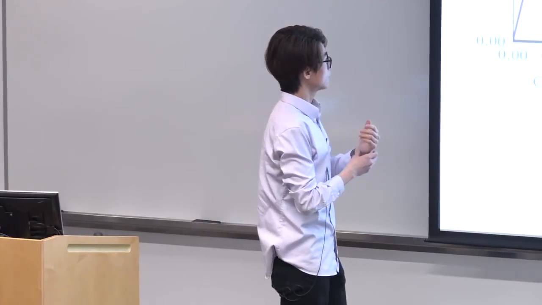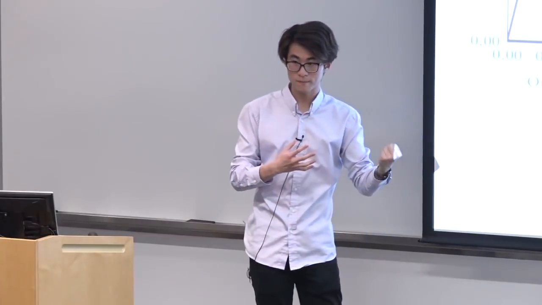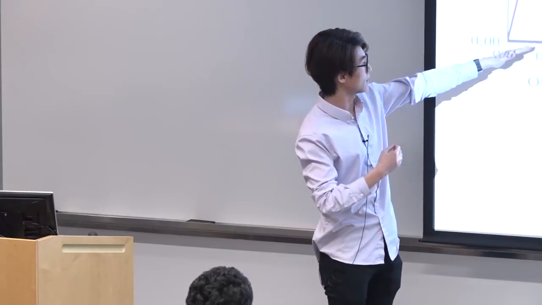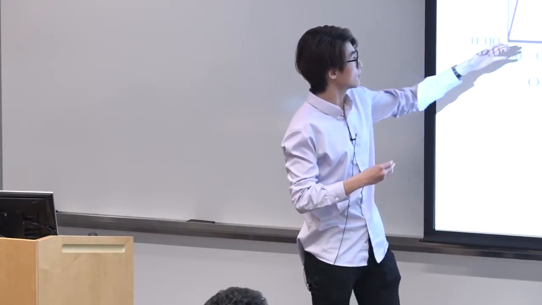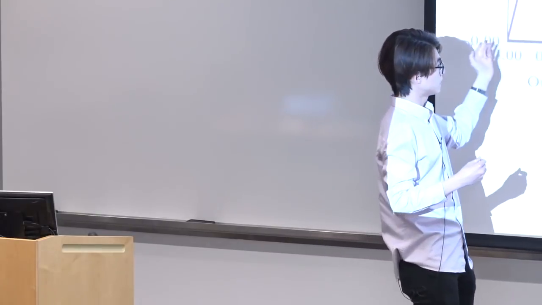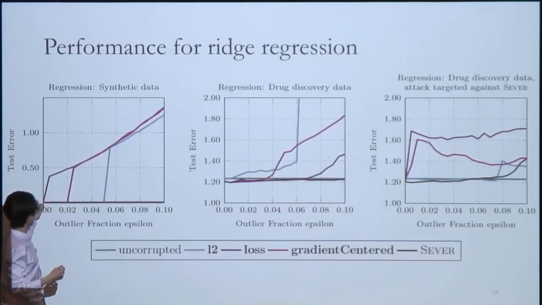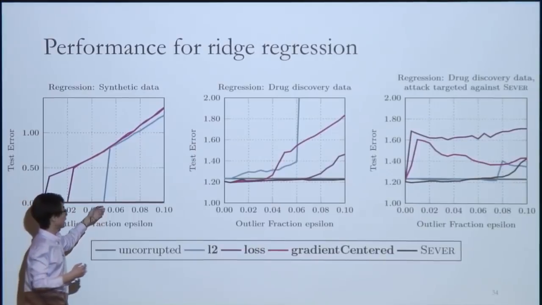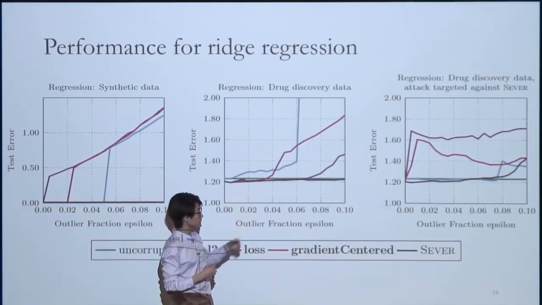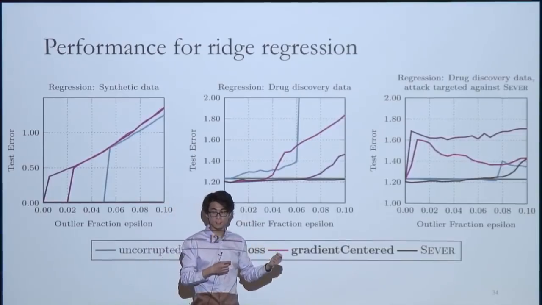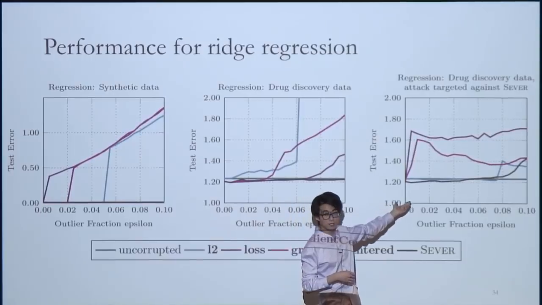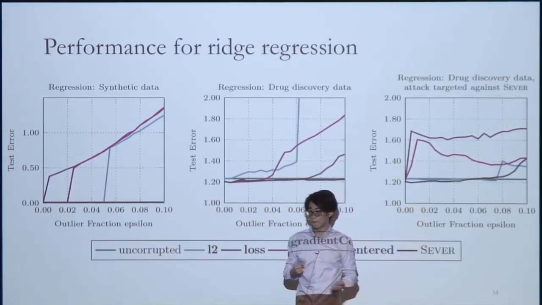We just took our data sets and did some poisoning attacks on them, and plotted the performance of our algorithm, which is the black line, against other baselines as a function of epsilon. As you can see, for the data poisoning attacks on synthetic data, our algorithm is very nice. And similarly for attacks on drug discovery on real-world data. And even if you try to target the attacks against us in the strongest way we could figure out, our algorithm for ridge regression is also quite nice.